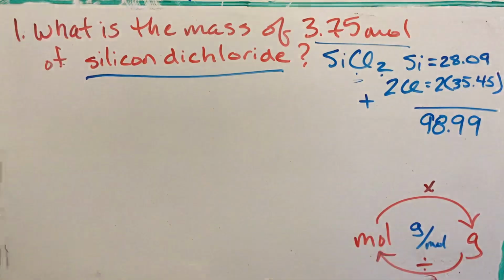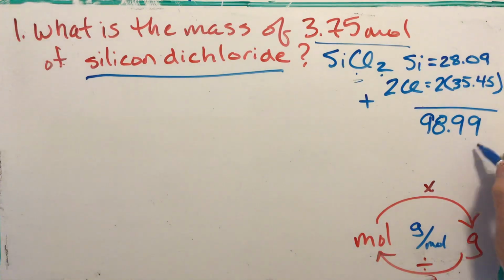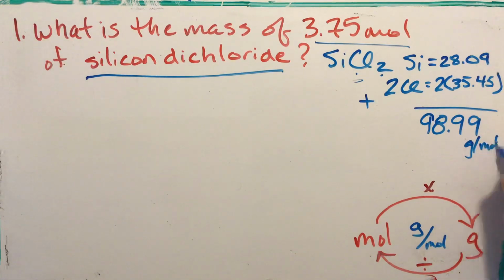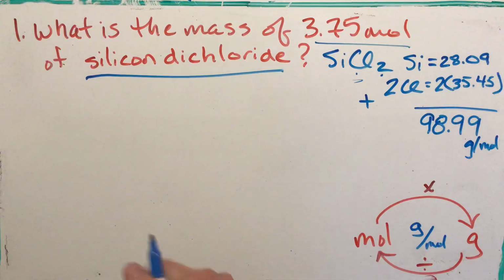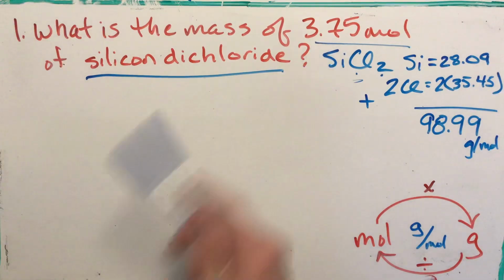All right? I need the molar mass before I can do any of these calculations. So now I've got that. That is my grams per mole. Now, when I'm doing the question, I always start with what I'm given.